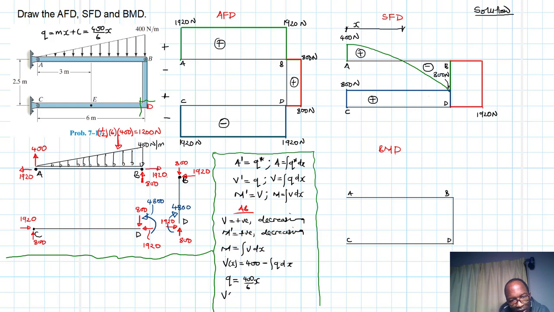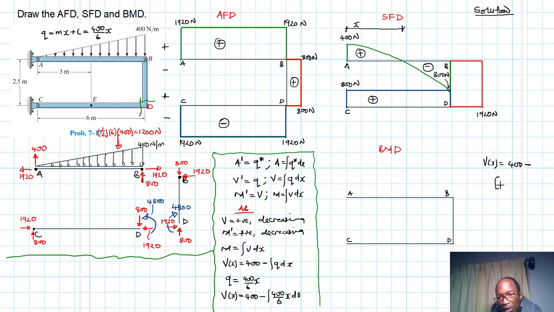Then v(x), therefore, is going to be equal to 400 minus the integral of 400 divided by 6x dx. So finalizing this function, v(x) is 400 minus, when we integrate that, what does it become?